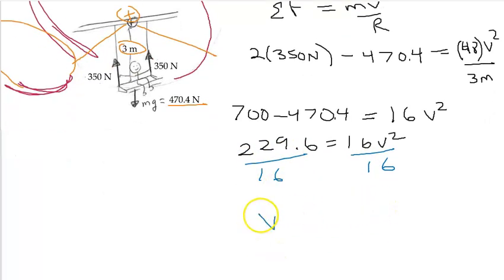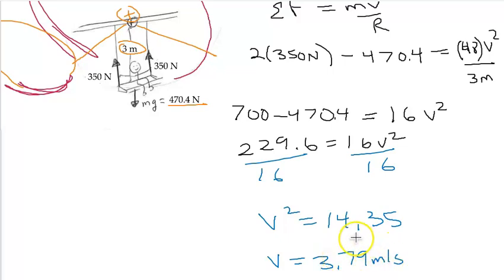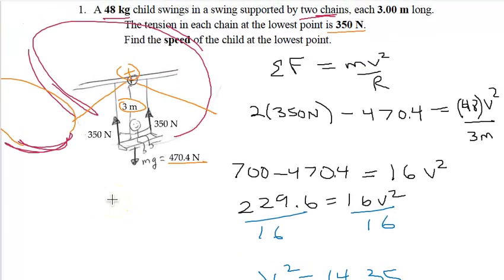You get v squared equals 14.35. Take the square root of both sides and you get 3.79 meters per second. Okay, again, the tricky part here was that there were two ropes pulling in and the weight going out, and that the length of these chains was the radius of the circle.